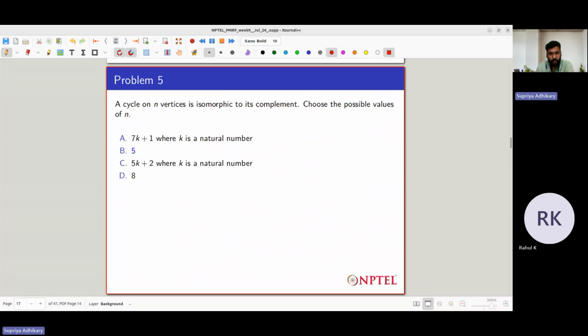So now consider a cycle with n vertices. This is a cycle with n vertices, it's Cn. And it's saying that the complement of this graph is isomorphic to itself.